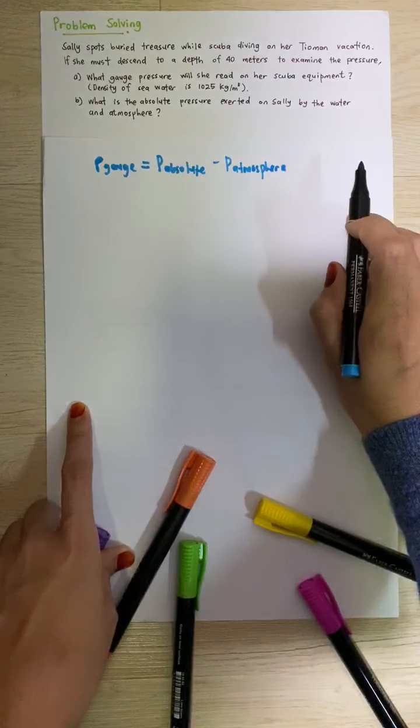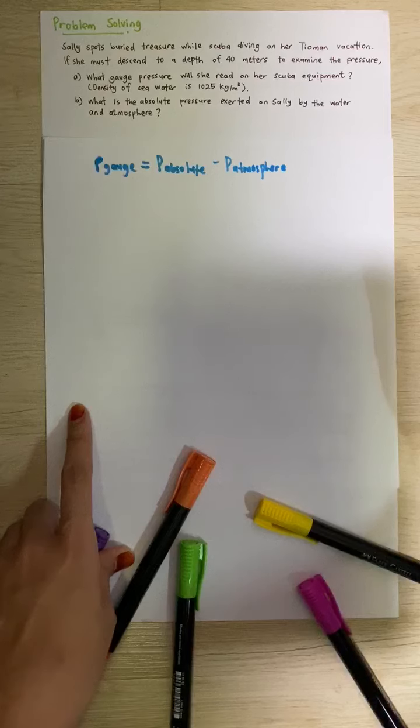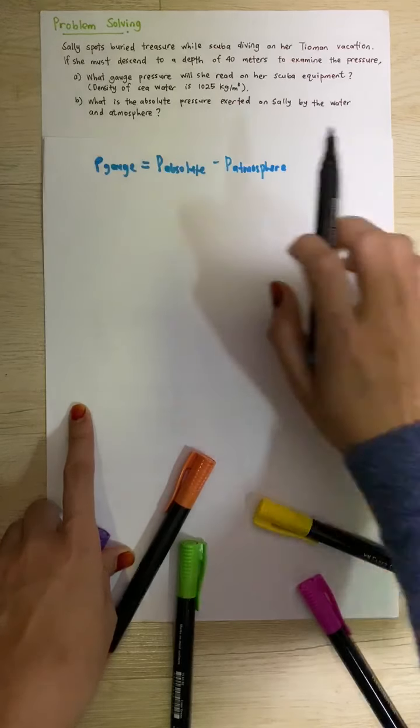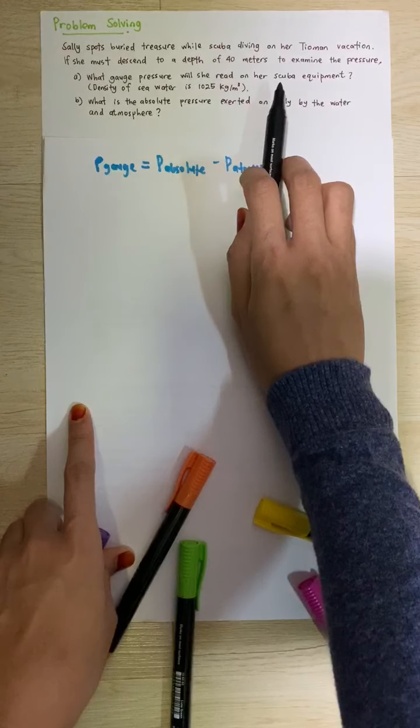By definition, gauge pressure is normally found in machines like an air compressor, well pump and tire gauge. That's why this question has to find the gauge pressure on the scuba equipment.